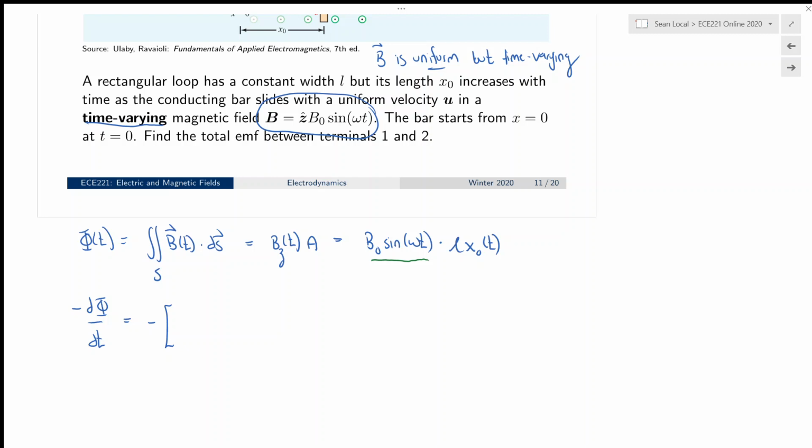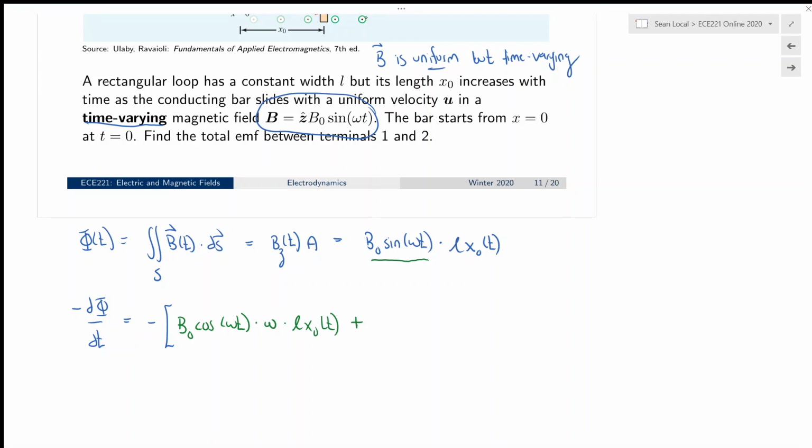The first function here is B naught sine omega t, the term that's been underlined. The derivative of that is B naught omega cos omega t, because we know the derivative of sine is cos, but because of the chain rule, given that we have an omega t inside the sine function, the omega needs to come out. Then we multiply by the second function, which is L x naught of t. That's the first part of the product rule.